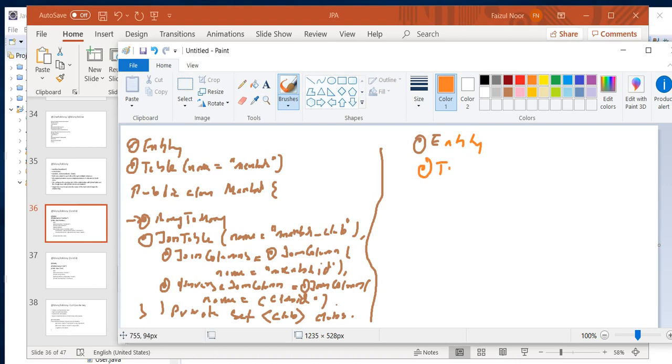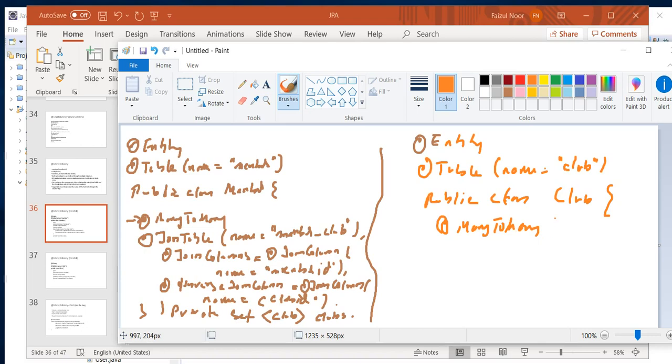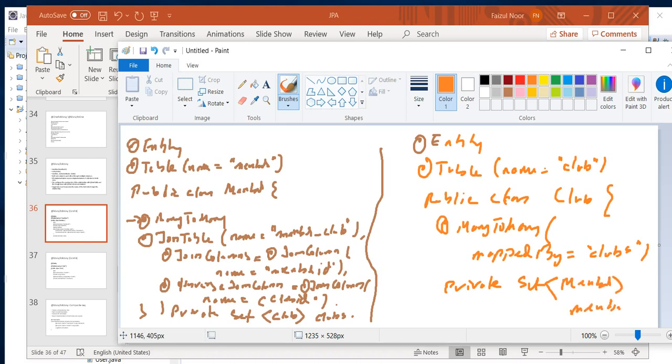Entity, and then Table, name equals club, and then public class Club, and then I'm using this annotation ManyToMany, and then mappedBy equals clubs, and then I'm saying private Set of Member members.